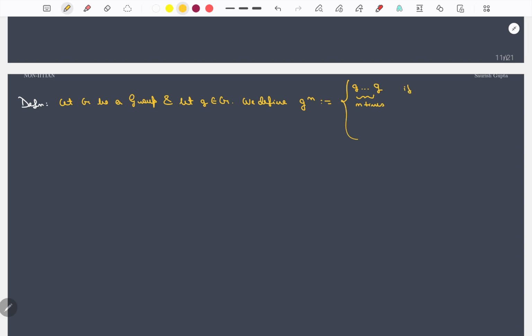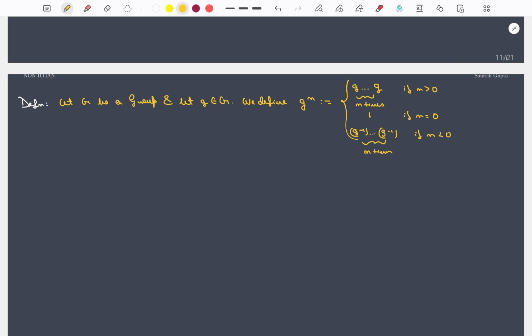Typically, if n is a positive natural, we take it so; we take it to be 1 if n is 0; and we take it to be g inverse to the power n in the most usual sense, or rather I can just write it as g inverse operated with itself n times, if n is negative. Okay, is it clear?